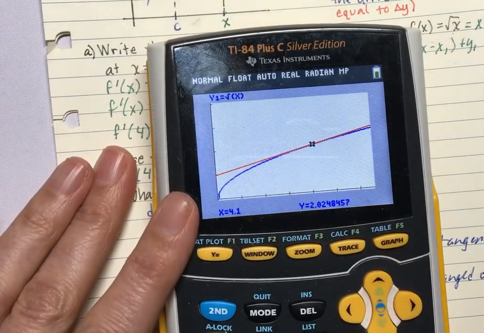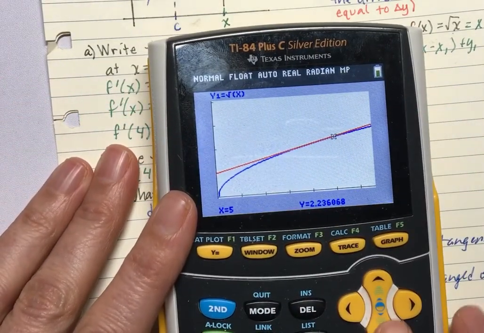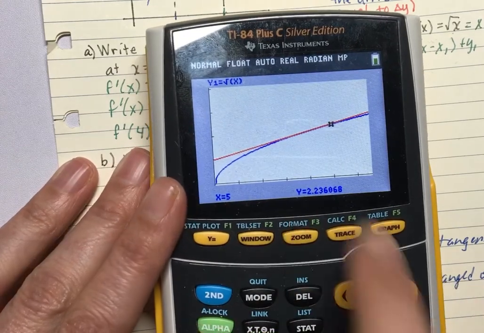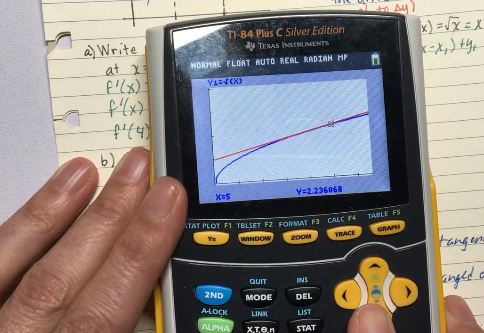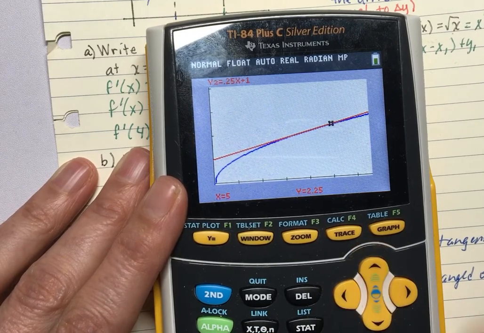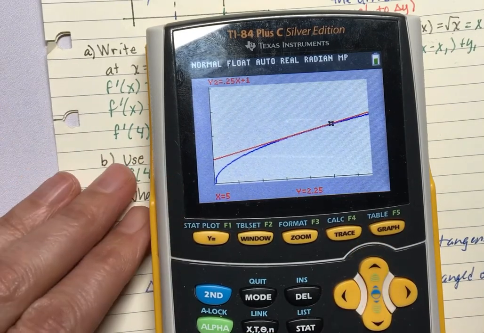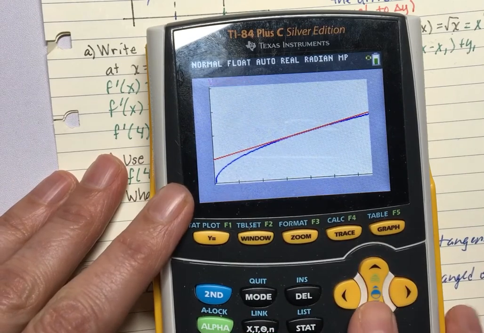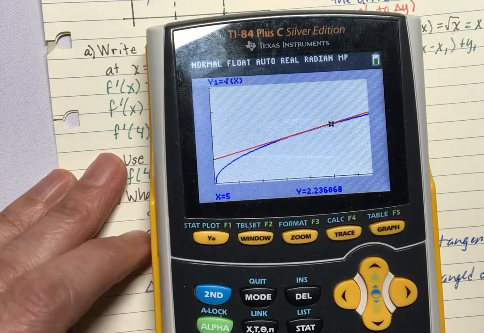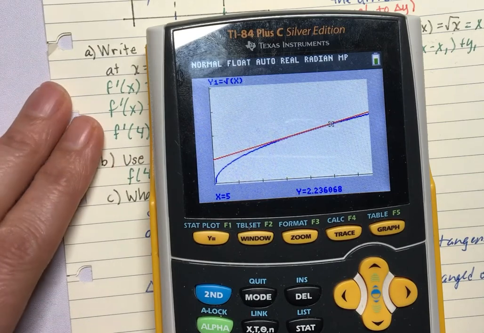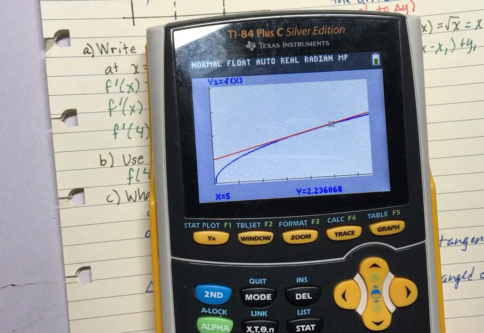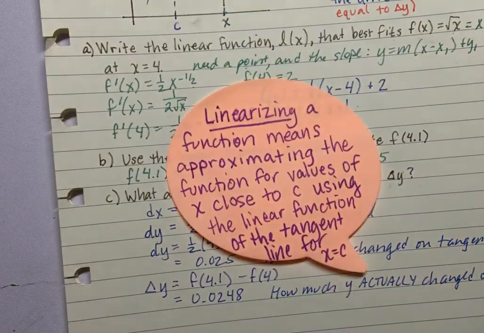Even if I go out to x equals 5, I have 2.236 versus on our tangent line 2.25. So still a quite good estimate. So this tangent line can estimate the square root of 5 as 2.25 instead of 2.236. You wouldn't want to go much further than that, but just to illustrate, oh hey, that's still quite close. So that is using a linear approximation.